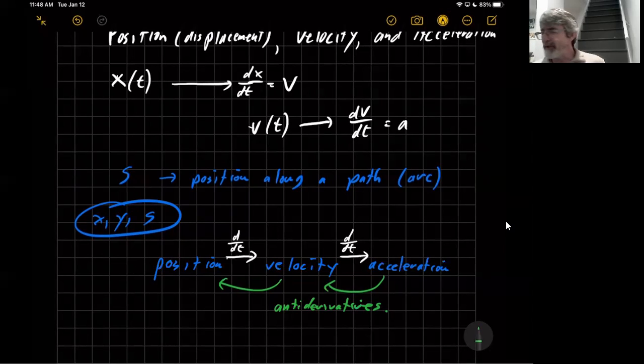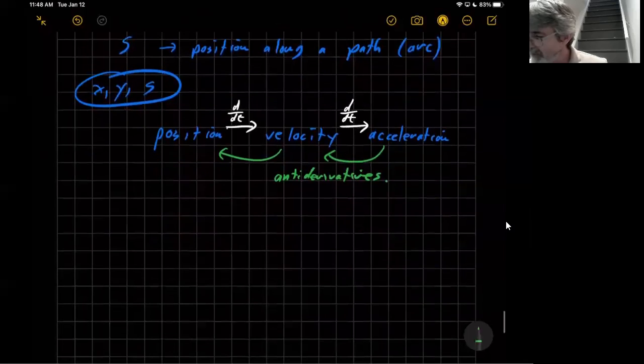We'll need a little bit more information, but we'll see that in the examples that come up. So anti-differentiation lets me go the other way. Unlike taking derivatives, where there's meaning for going past acceleration, there really is no meaning for taking an antiderivative of position with respect to time. Let's now look at a couple of examples.